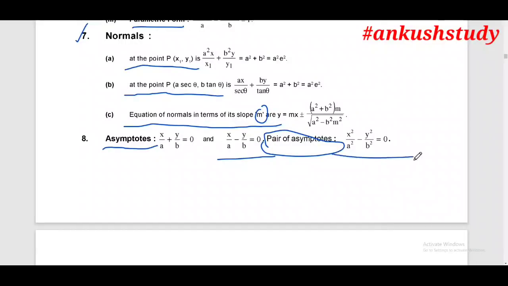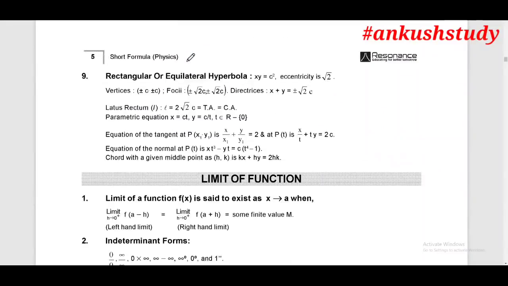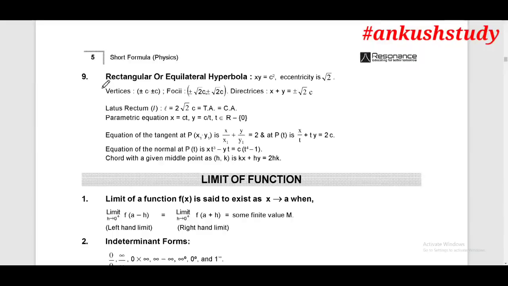Okay, so this formula is x square upon a square minus y square upon b square is equal to 0. And now this one is the rectangular or equilateral hyperbola. This one is also important. xy is equal to c square, and eccentricity is root 2.